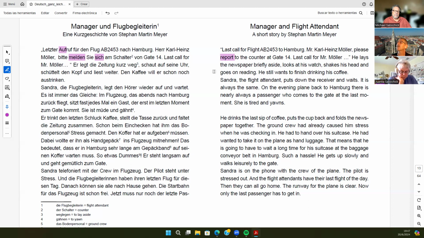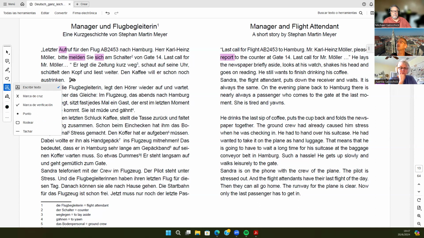Legt die Zeitung. I thought, okay, he leaves the paper. Okay, so don't try to translate yet. Let's just go to the vocabulary. Which verbs, which nouns, which concepts do you not know yet? So die Zeitung is paper. Kurz is short.